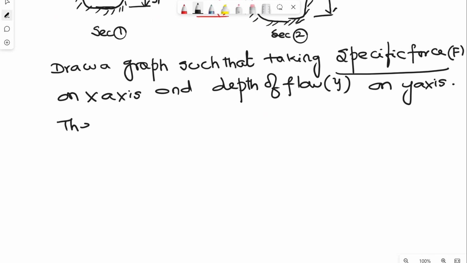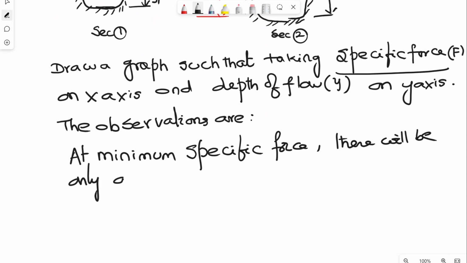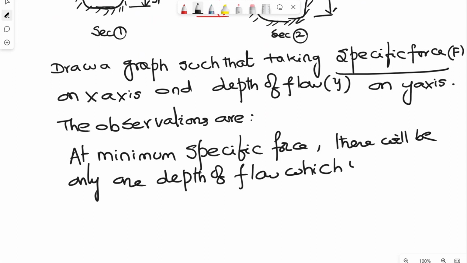The observations are: at minimum specific force, there will be only one depth of flow, which is called critical depth.